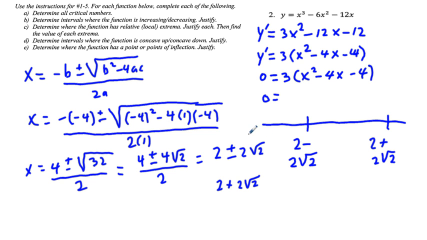And let's see, if we go to the far left, we're going to put y prime up here and y down here. So we take a value less than 2 minus 2 square root of 2. Let's say we have negative 10.